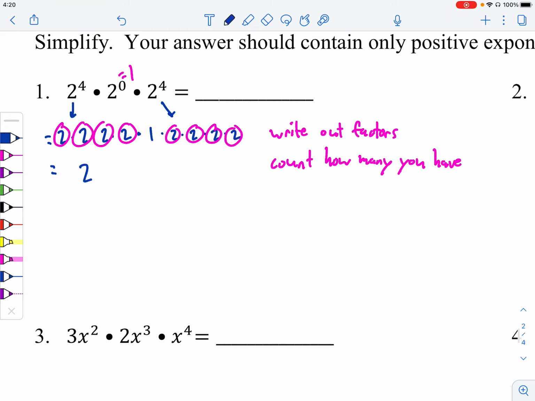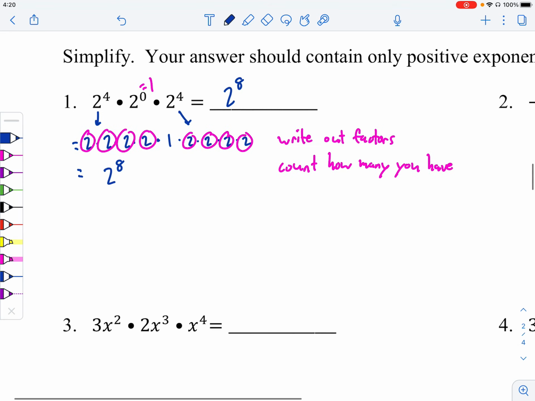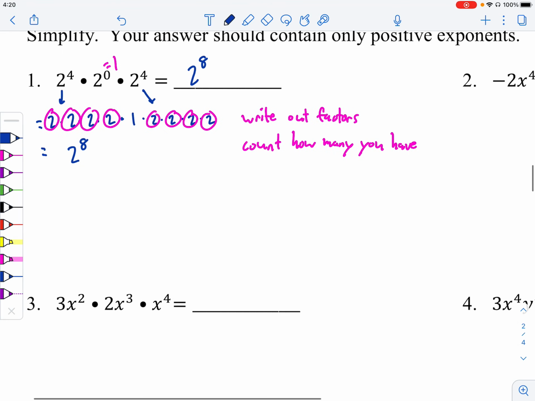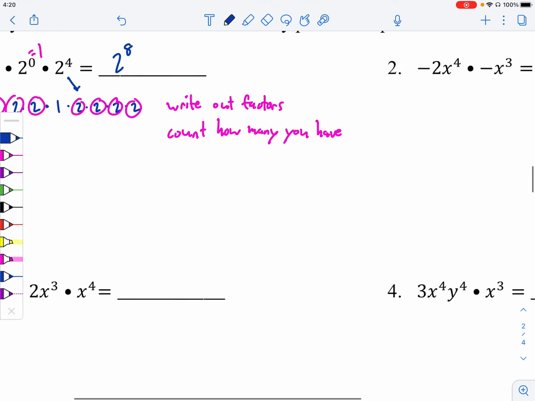So this is just 2 to the 8th power right there. Our answer will be just 2 to the 8th power. That's how we do the powers. Okay, let's go to number 2. That's all it is: write it out.